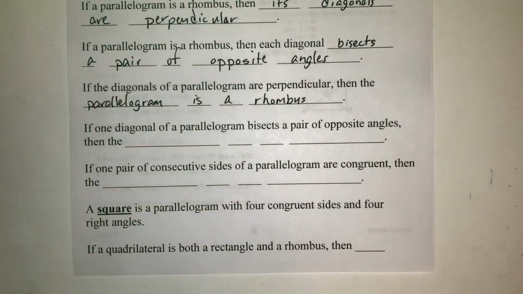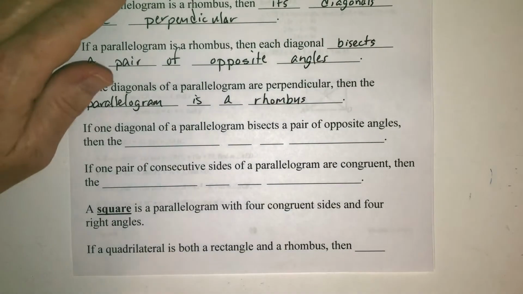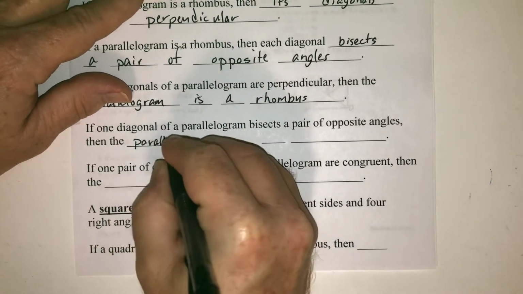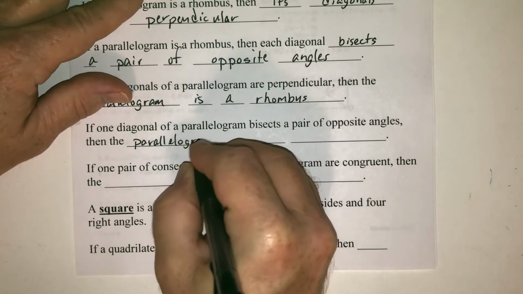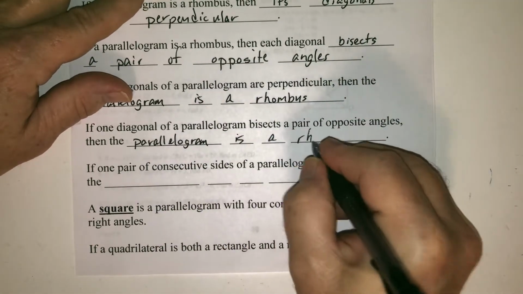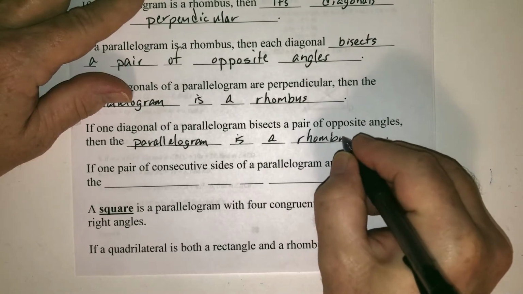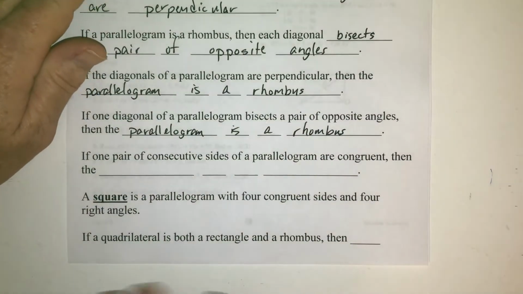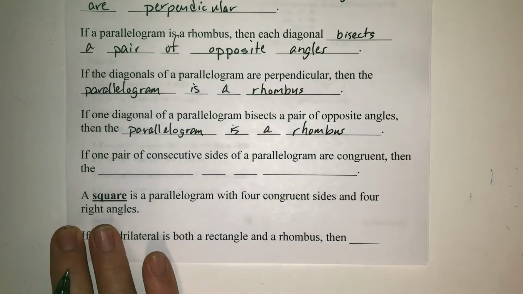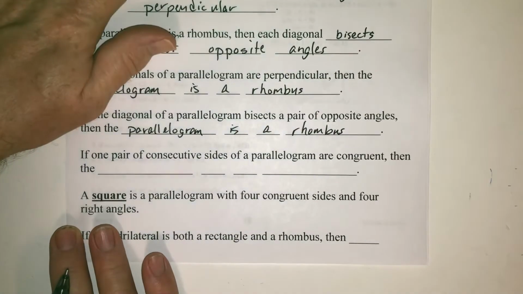If one diagonal of a parallelogram bisects a pair of opposite angles, then the parallelogram is a rhombus. And finally, if one pair of consecutive sides of a parallelogram are congruent, then the parallelogram is a rhombus.